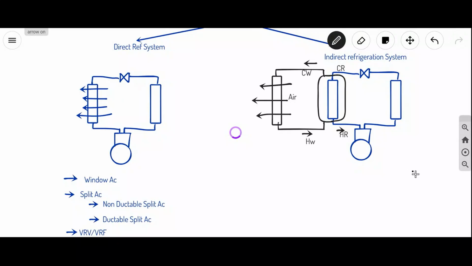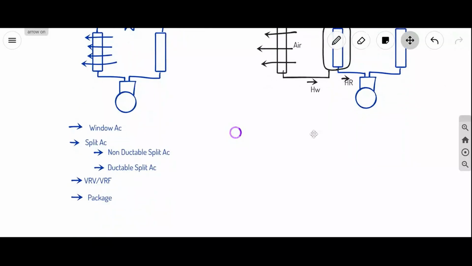This type of refrigeration system is called indirect refrigeration system.